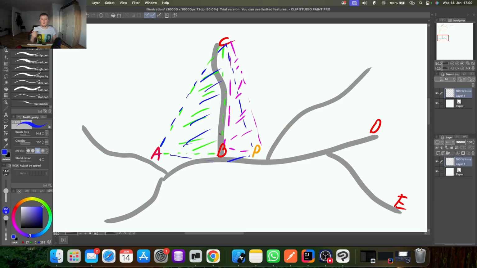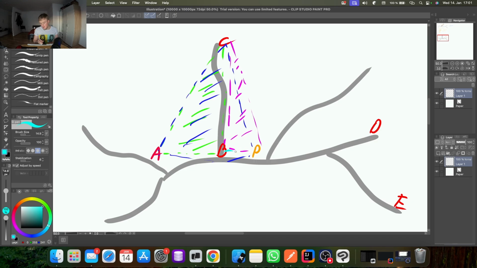Now we have 2 triangles. We need another one, the third triangle, which is BPA. Yeah, this is another triangle. Let's use another color.